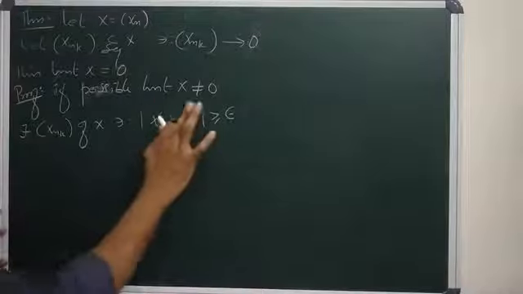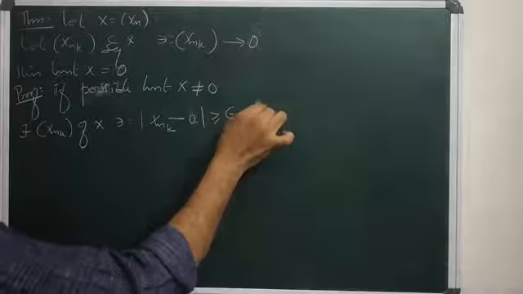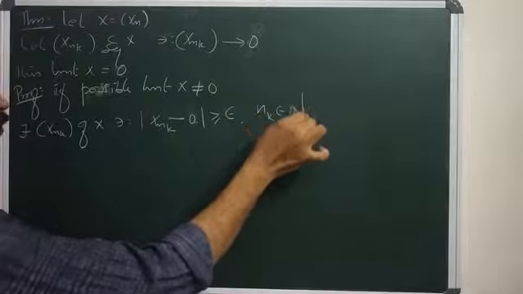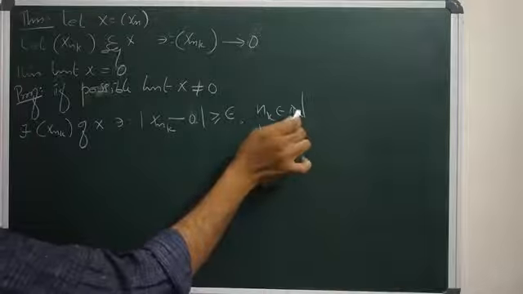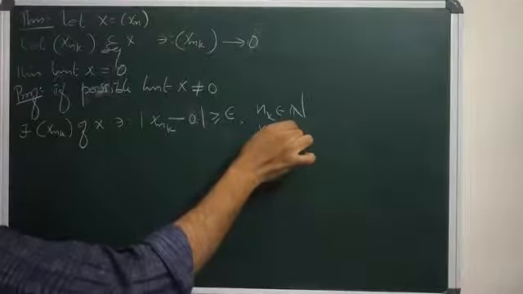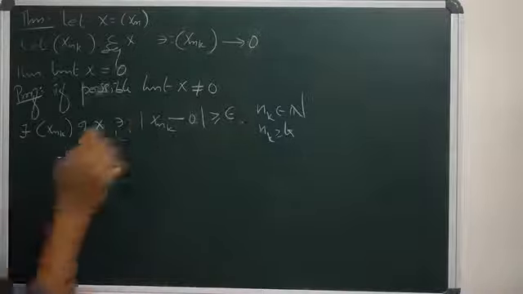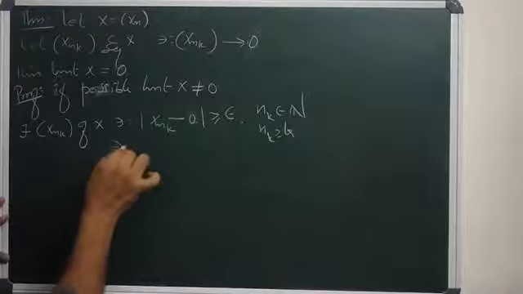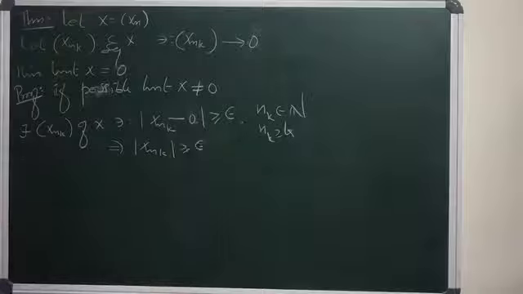Here instead of x, it is 0. Modulus of (xnk) minus 0 is greater than or equals epsilon for all nk, where nk is greater than or equals k. So modulus of (xnk) minus 0 greater than or equals epsilon means modulus of (xnk) is greater than or equals epsilon.